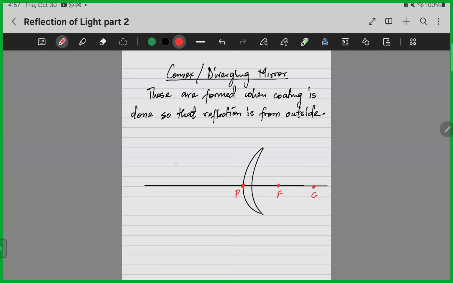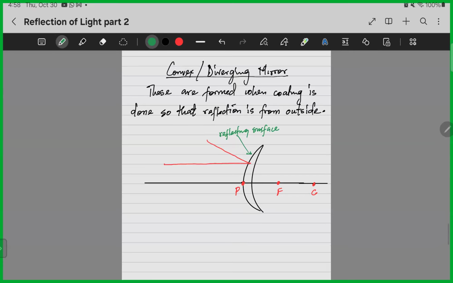So light travels through here, then reflects, because this is the reflecting surface. Let me point at it. This surface now is the reflecting surface. So that's how a convex mirror works. Let me use my red again.